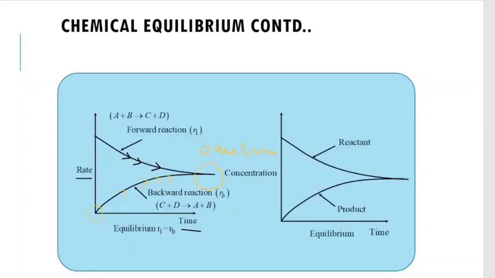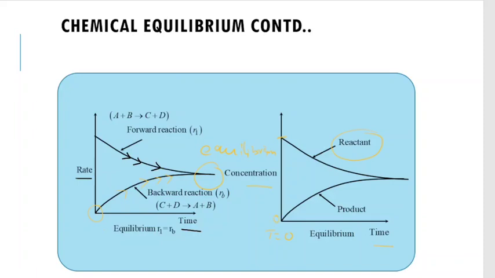Now, in this graph, we have taken the concentration on the y-axis and time on the x-axis. At time t equal to 0, the concentrations of the reactants are high and the concentrations of products are 0 initially.